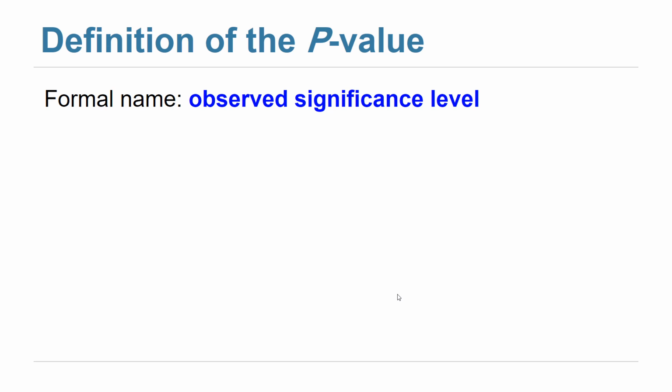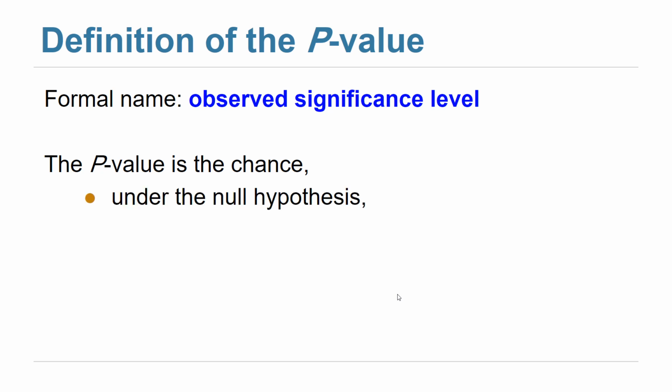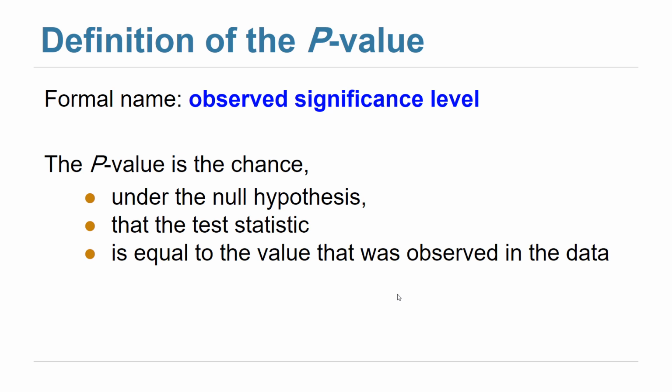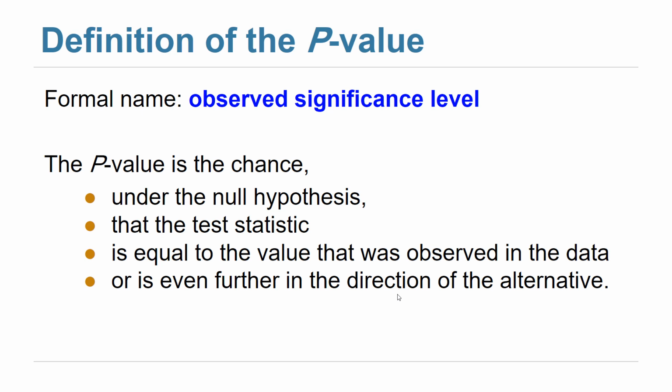But the p-value is the observed significance level, the observed probability of the tail, the area of the tail. Okay, so that's why it's called observed significance level. So the p-value formally is defined as the chance or the probability under the null hypothesis that the test statistic is equal to the value that was observed in the data, which is the observed statistic, or is even further in the direction of the alternative hypothesis. That's the formal definition of the p-value.